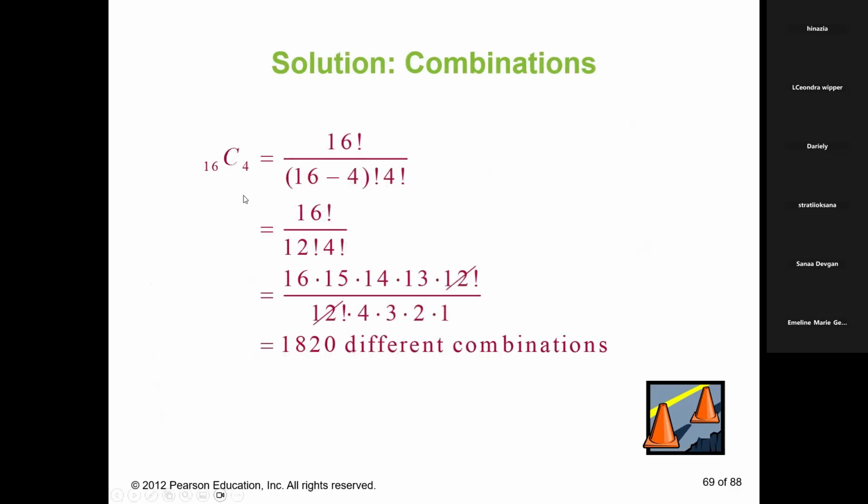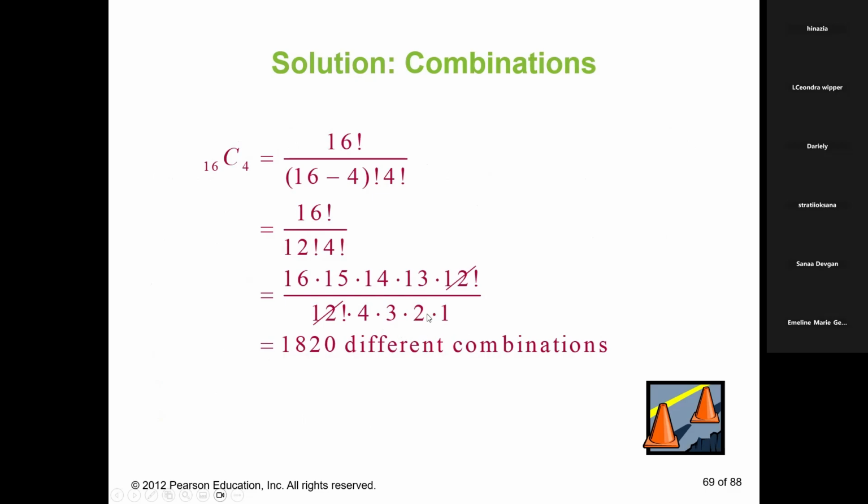So that's 16C4, all right? n is 16, r is 4, 16 minus 4 times 4 factorial. 16 minus 4 is 12. Now you go all the way down to 12 because 12 is greater than 4, and then you simplify the 12 factorial. The 4 factorial is 4 times 3 times 2 times 1.